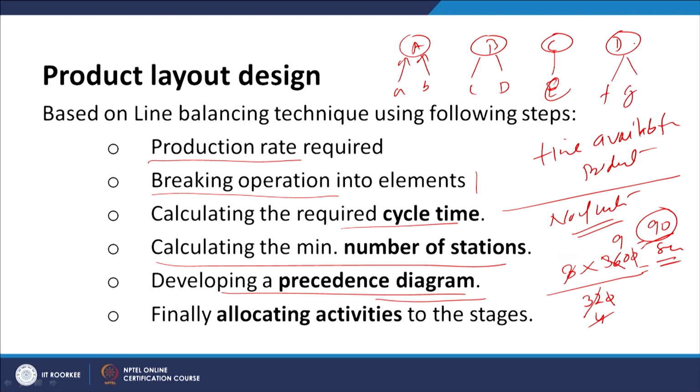So, this allocation or allotment of the activities to be performed at these stations will be based on the precedence requirement. Like it should be possible to do the activities A and B first, like say in this case there is no precedence requirement.